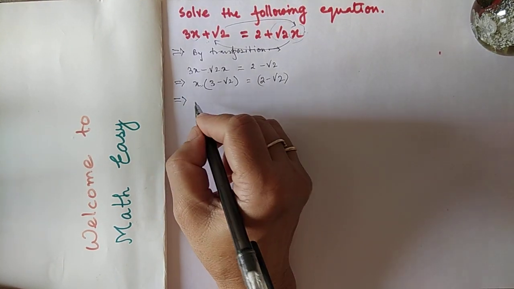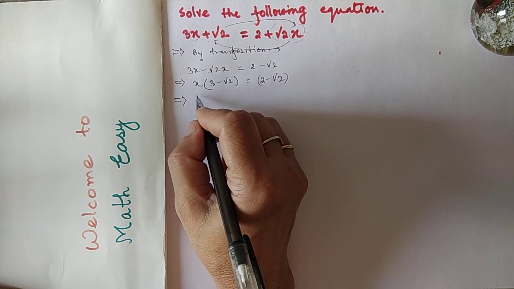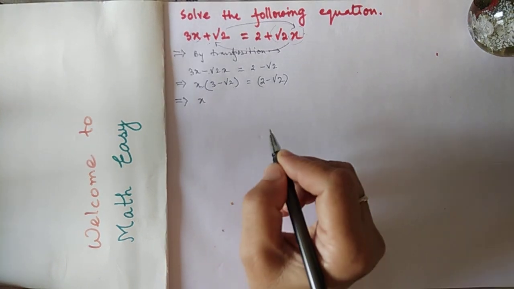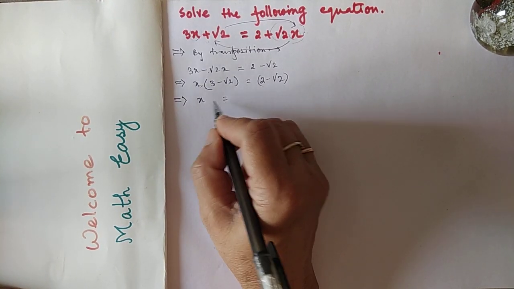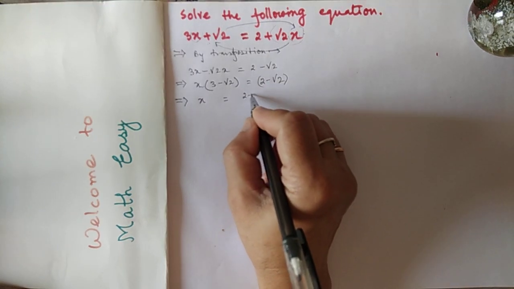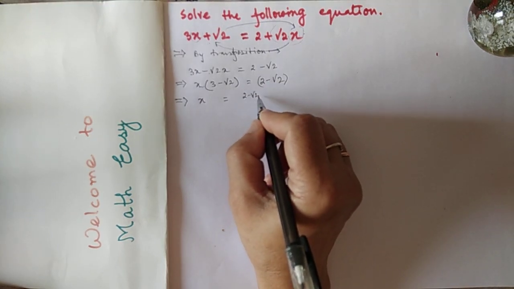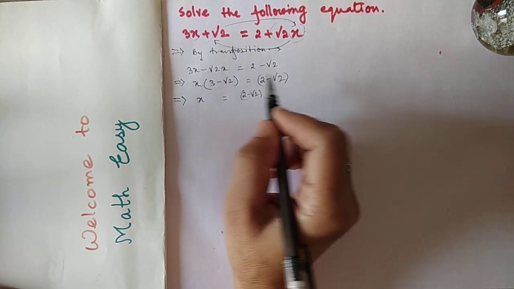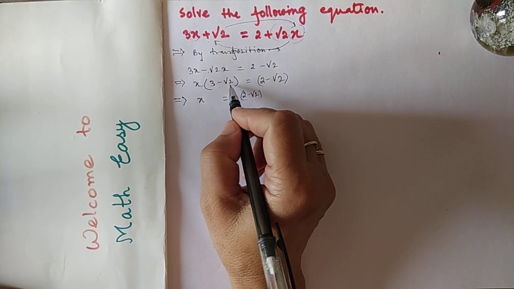Now here we'll keep only x on the left hand side because we have to find the value of x. So x will be 2 minus root 2. Now here you see again we will change the side of 3 minus root 2.